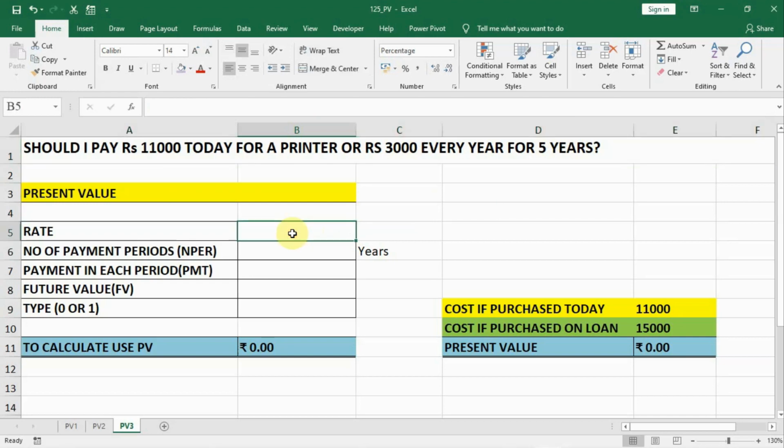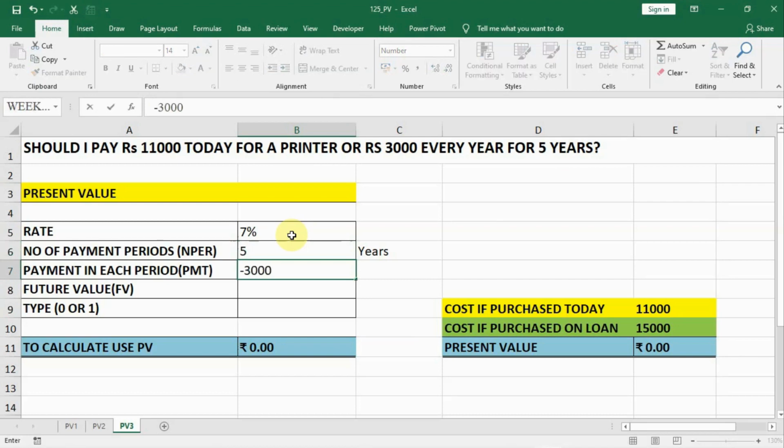My rate here is not given, so let me consider a rate of 7%, on the basis that if I go on depositing these 3,000 rupees in a bank every year, then the bank will give me an interest of 7%. So let us consider my investment as a 7% rate here. Number of payment periods is 5. Payment made each period is 3,000 rupees.